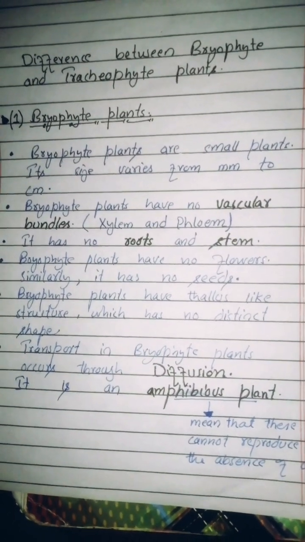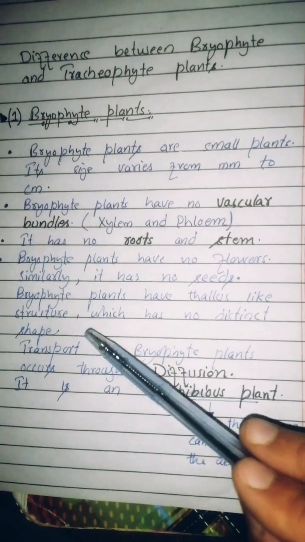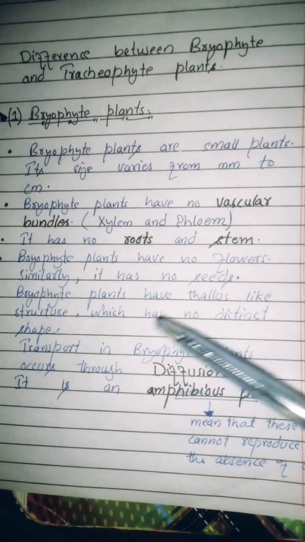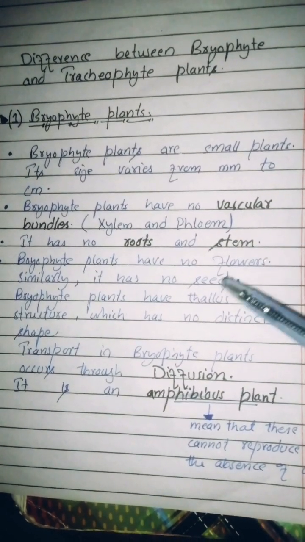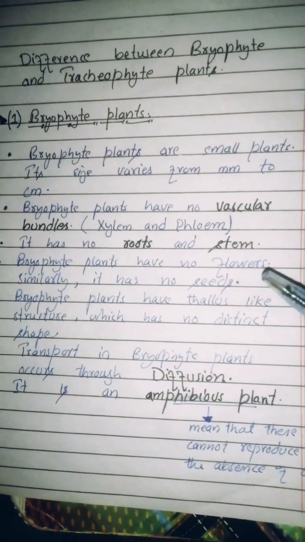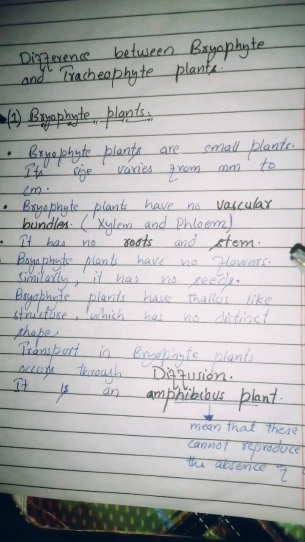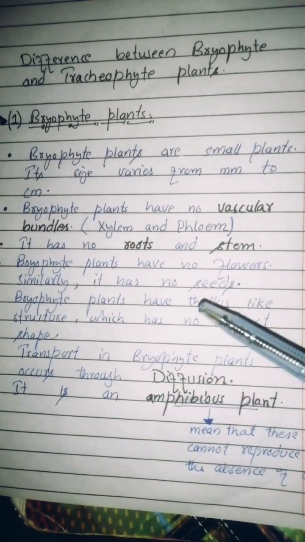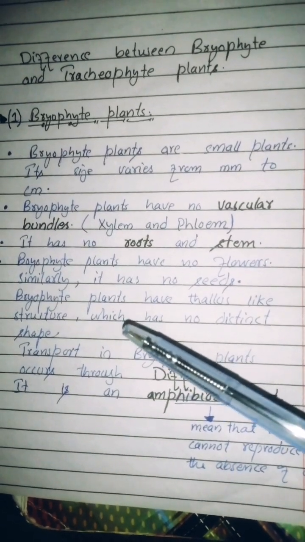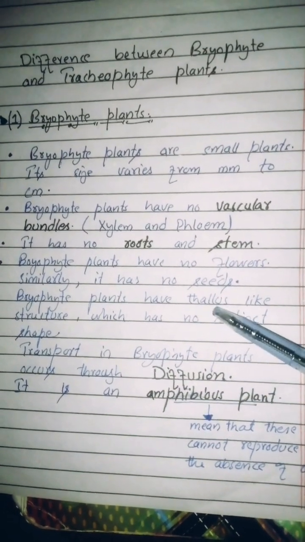Bryophyte plants have a thallus-like structure which has no distinct shape. A thallus-like structure has no distinct shape like roots, stems, or flowers. It has no definite shape.